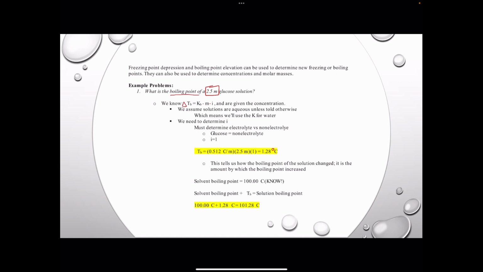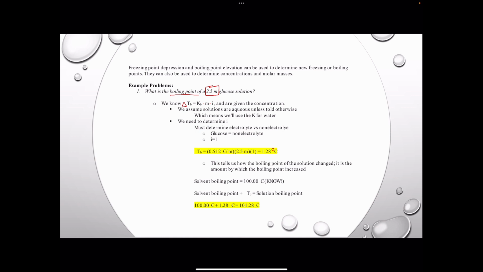Now this tells us how the boiling point of our solution changed. It is the amount by which the boiling point increased. We're looking at boiling point elevation, so this is how our boiling point increased. Now our solvent's boiling point is 100 degrees Celsius. We're dealing with aqueous solutions, which are the most common. You've got to know your boiling points and freezing points for water. So water boils at 100 degrees Celsius.